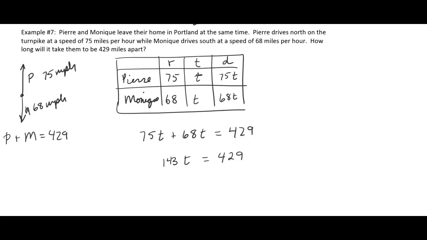And I'm sure I should be able to figure this out in my head, but... Okay, so 3 hours. Oh, I didn't show my work. 143, I'm dividing by 143. And it turns out that the time is 3 hours. So the question is, how long will it take them to be 429 miles apart? It will take 3 hours.